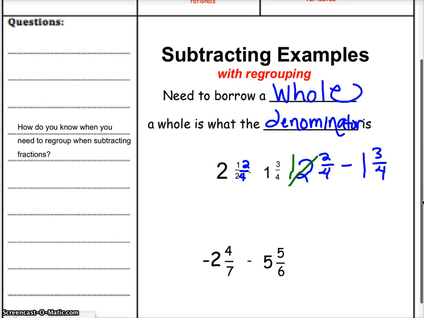So I take a whole away from the 2. How many parts to the whole? 4. I already had 2 parts, so the 4 and 2 turn into 6. And now I can subtract. 6 minus 3 is 3 over the denominator. 1 minus 1 is no wholes left. So I have 3/4.